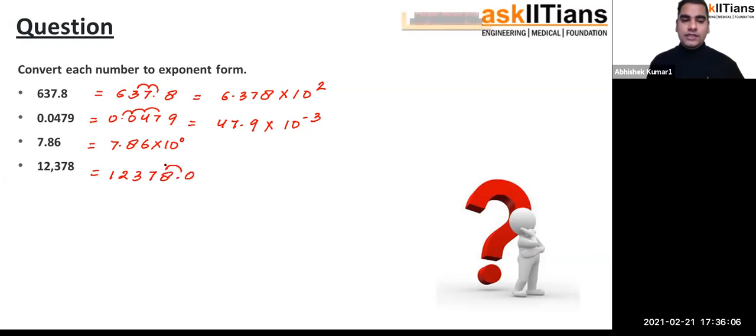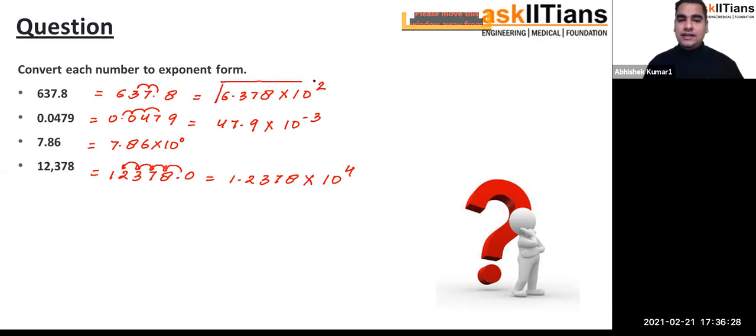And you need to move this decimal by 1, 2, 3, 4 positions. So if you move this decimal by 4 positions, you are going to get 1.2378. And because the decimal has been moved by 4 positions on the left hand side, the power of 10 which you need to consider must be positive. So you will be getting 10 raised to the power 4.